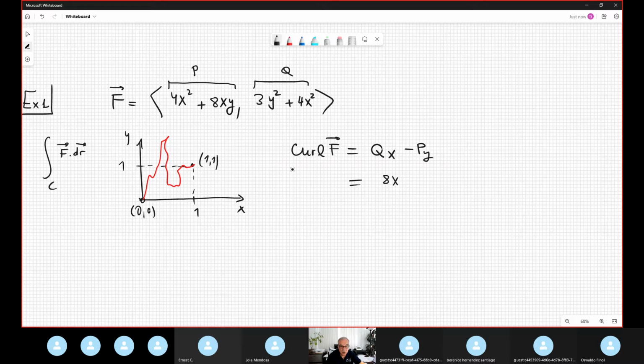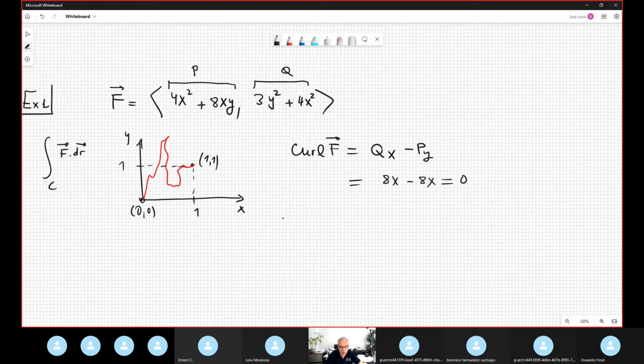This is a constant, it's gone. This is 8x. Cool. And the partial derivative of p with respect to y, this constant is gone, and it's 8x. Wow, it's 0. The curl is 0. We proved that our vector field is conservative, and now you find the potential function.